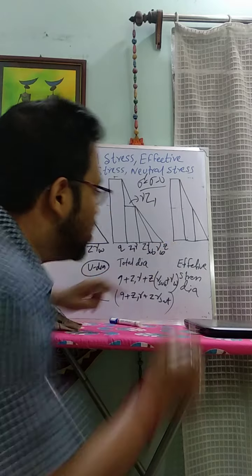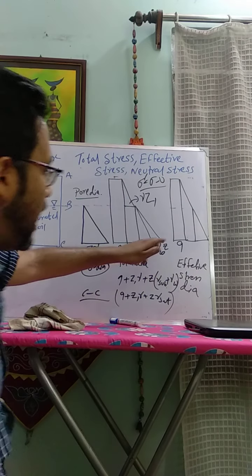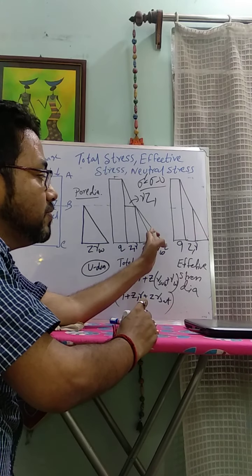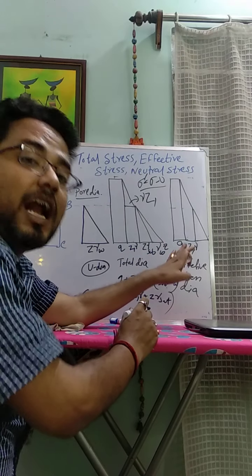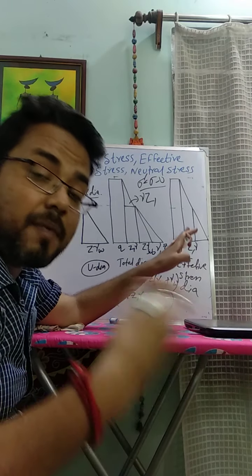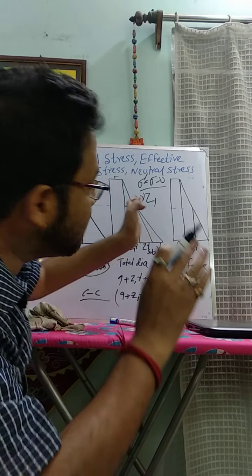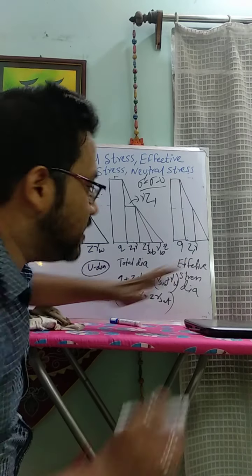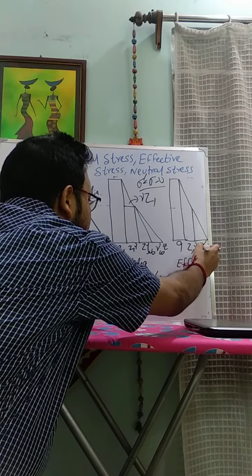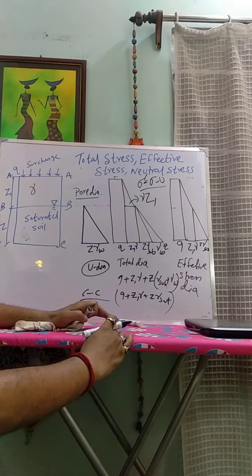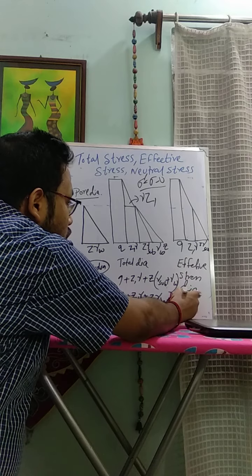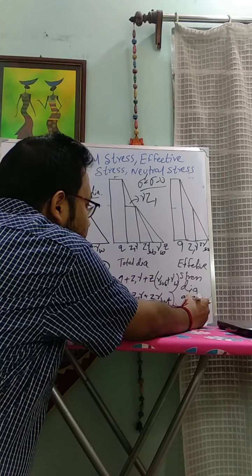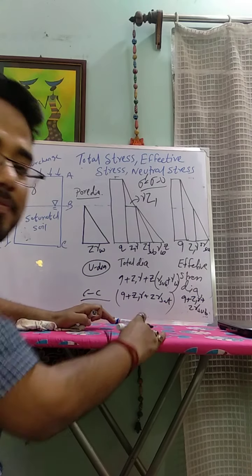This is for the surcharge Q, the same, and this is for Z1 into gamma, and this is only because the neutral stress will be terminated in the term of effective stress. When we calculate effective stress, we subtract the neutral stress, meaning the pore water stress, so we subtract this diagram. That will be Z times gamma sub. Means effective stress equals Q plus Z1 into gamma plus Z into gamma sub. Clear?